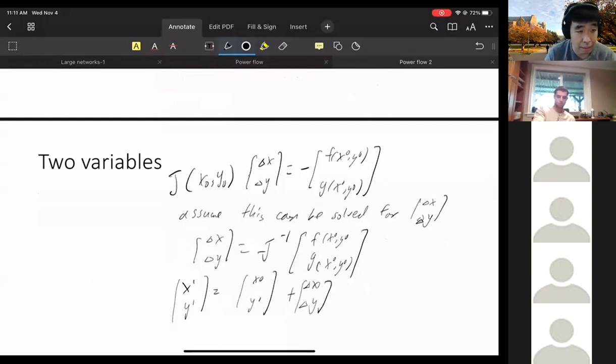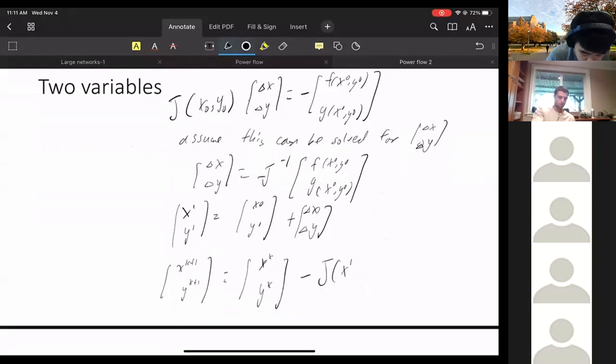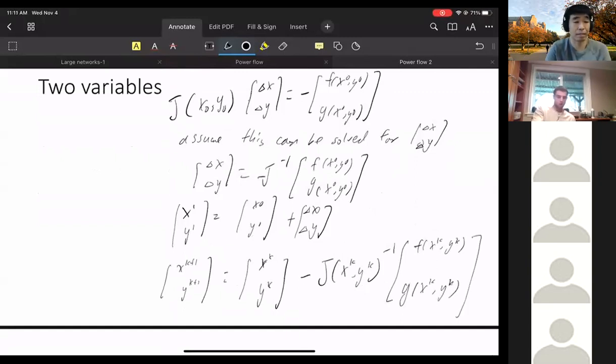So this is our correction term. Or you can write this out: xk plus 1, yk plus 1 equals xk, yk minus the inverse of J at xk, yk multiplied by f of xk, yk, g of xk, yk. Okay, so these are our steps.